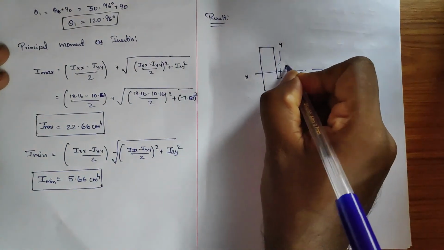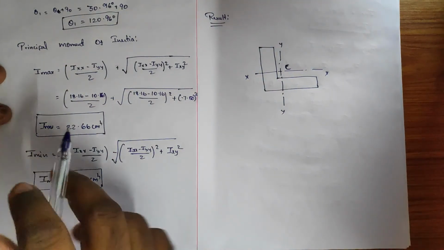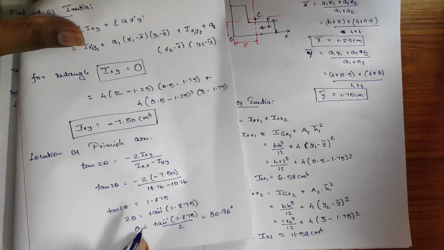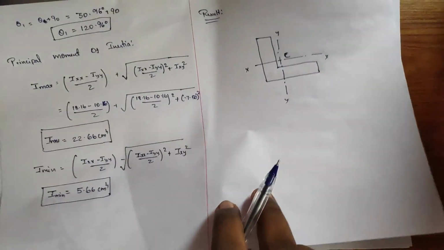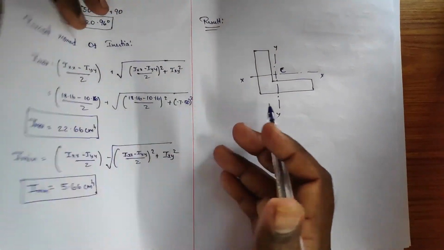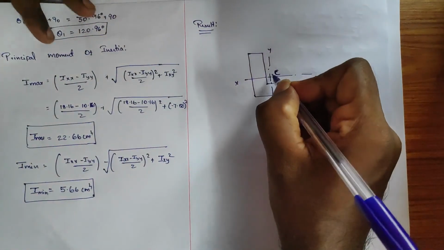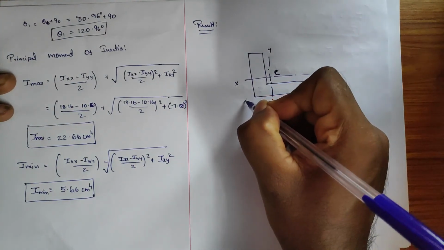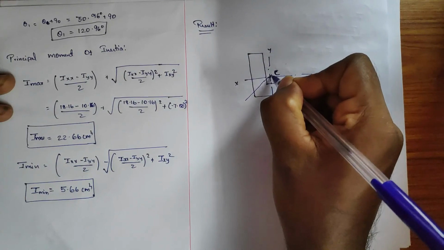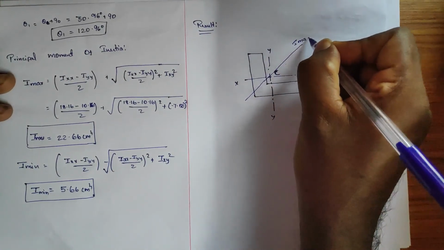In order to specify the I max, the inclination is given by theta, which is 30.96, approximately 30. So approximately the axis line will be something like this. This is the I max.